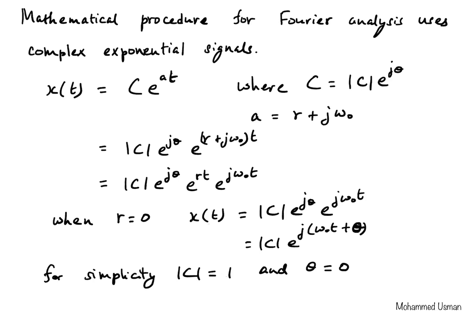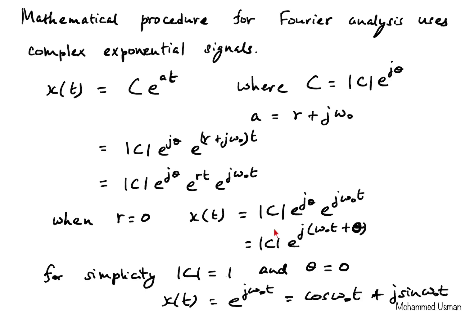They need not be, but for simplicity we will. Then x of t becomes simply e power j omega naught t, which is cosine omega naught t plus j sine omega naught t.